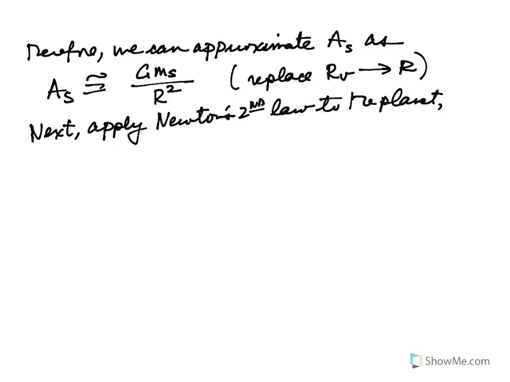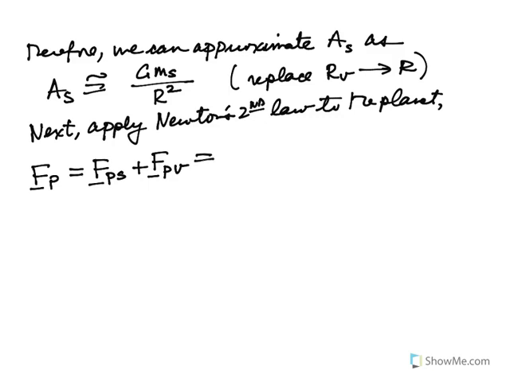And what do we get when we do that? Well, the force exerted on the planet is equal to the force exerted on the planet by the sun plus the force exerted on the planet by the vehicle.